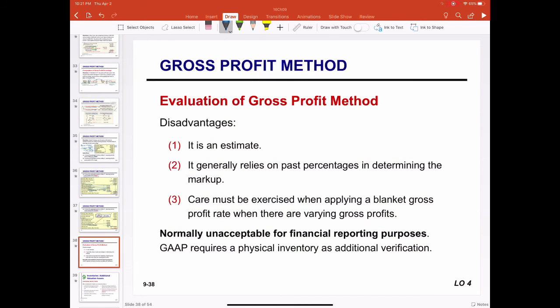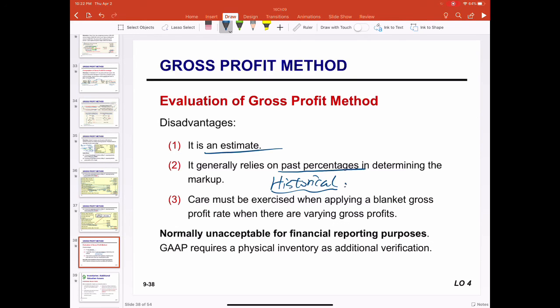Although gross profit methods save accountants a lot of time and can provide accurate and timely information, it has several disadvantages. First, it is an estimate. The percentage may change. The percentage of sales or percentage of costs we use are based on historical information, and we assume this percentage can be sustainable in the future.